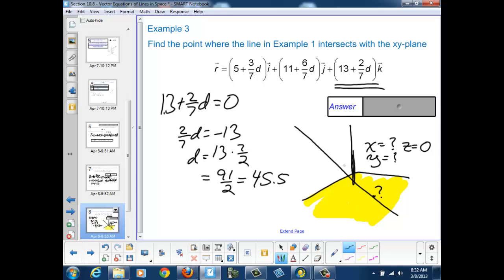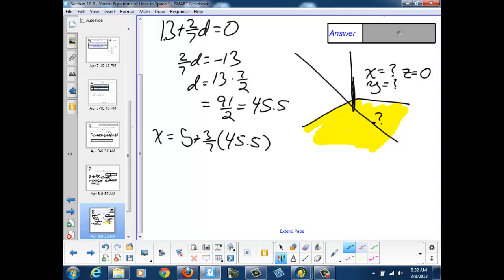I can use that value for d in these other two linear components. If d equals 45.5, then my x-coordinate is going to be 5 plus 3/7 times 45.5.